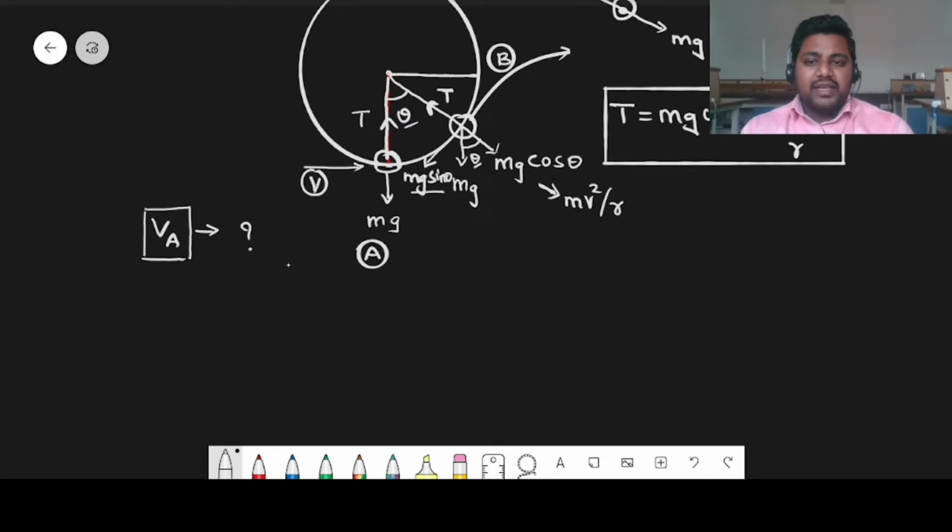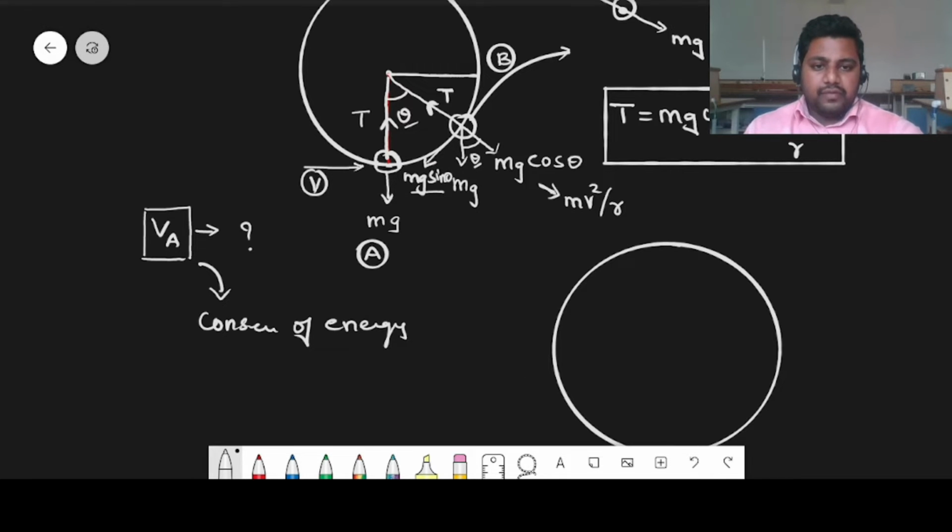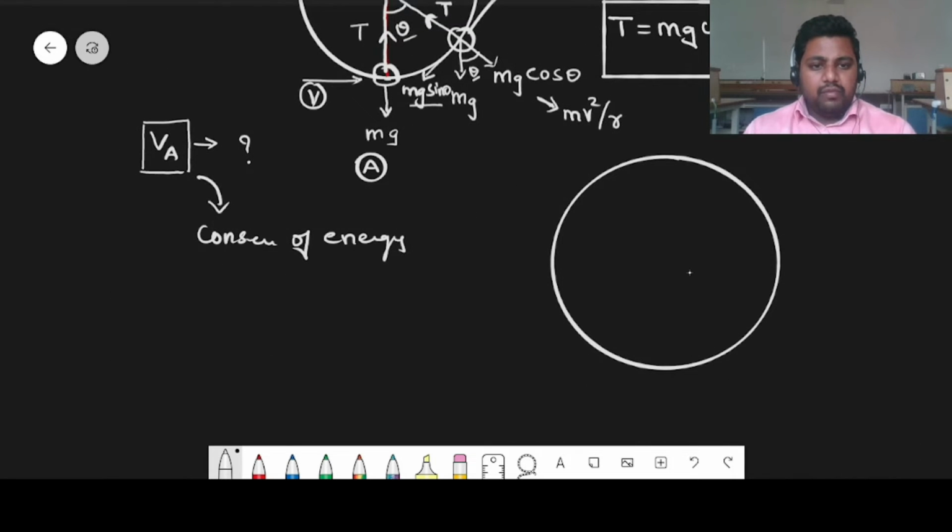Now to analyze this, we are going to use the help of conservation of energy. At the bottom point, when the object is here, and it might reach the maximum point of this one, at this particular point the final velocity will become 0 if it is stopping.